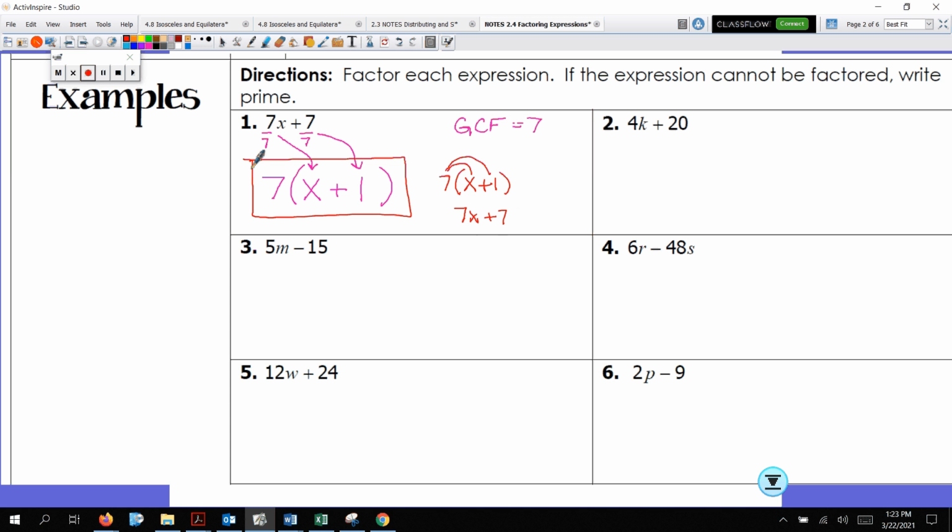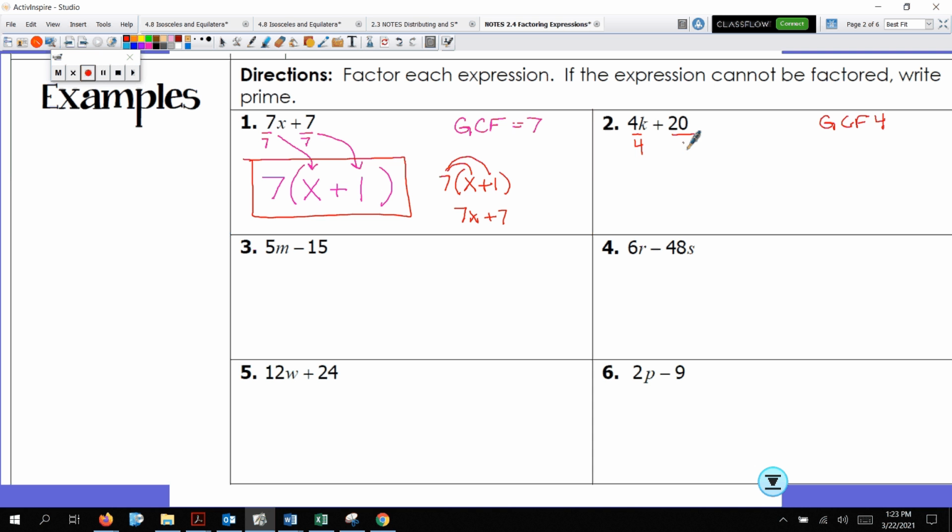Okay, so number 2, we have 4 and 20. What is the biggest number that goes into both? Remember when we were doing fractions, we always look at the smallest number and ask ourselves, does 4 go into 20? Well, it does. 4 goes into itself, and 4 also goes into 20. So the GCF in this case is 4.